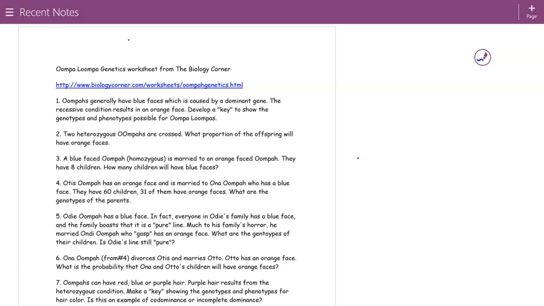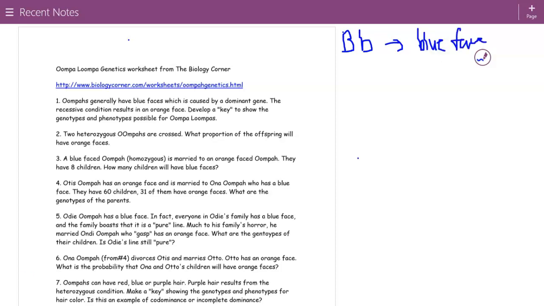Okay, so let's use the letter B since B is encoding for blue. Okay, it's the dominant trait. So B, capital B, you need one copy and you would get a blue face.